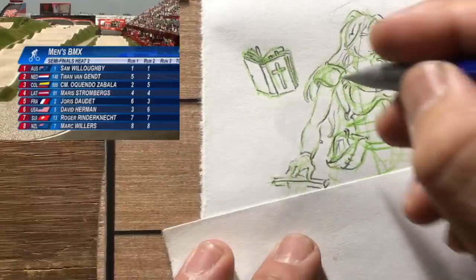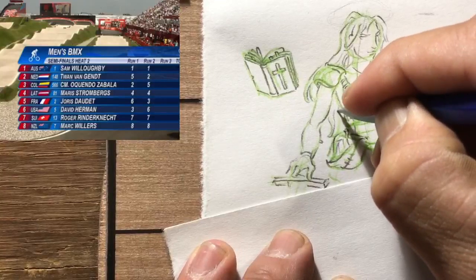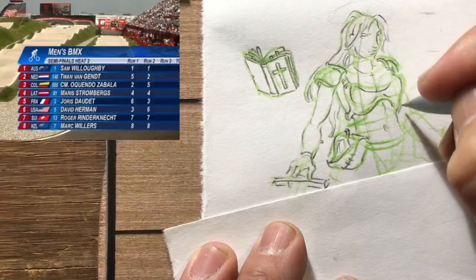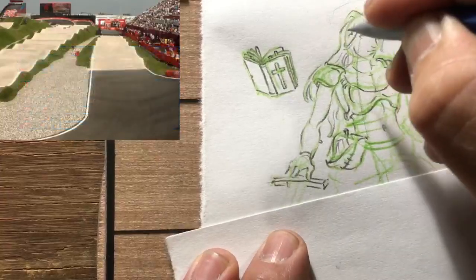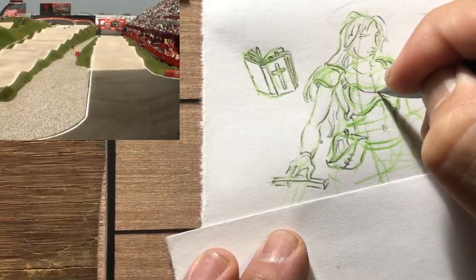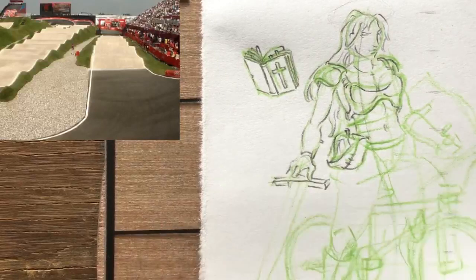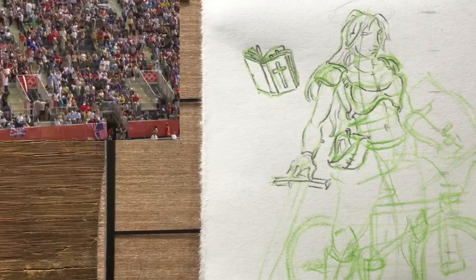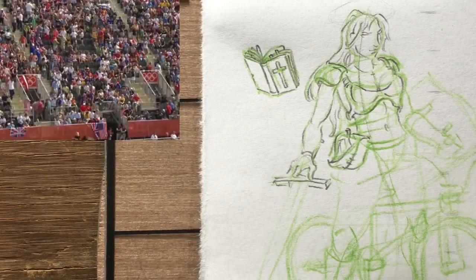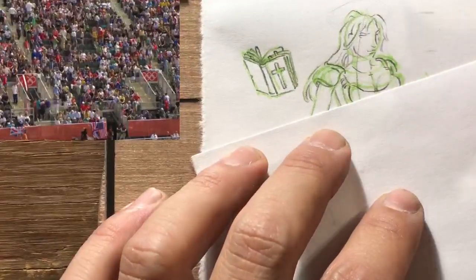Welcome to the biscuit factory. I kind of want to put a pupil in it.